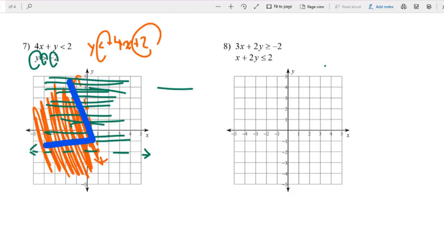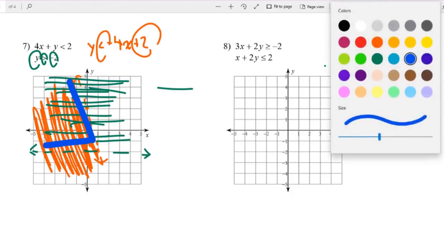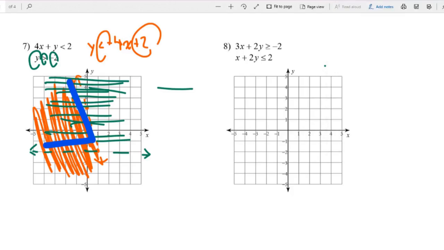All right. So for our final example, number 8, we have 3x plus 2y is greater than or equal to -2, and x plus 2y is less than or equal to 2. So, okay, I want you to guess what form we talked about these two inequalities are in?